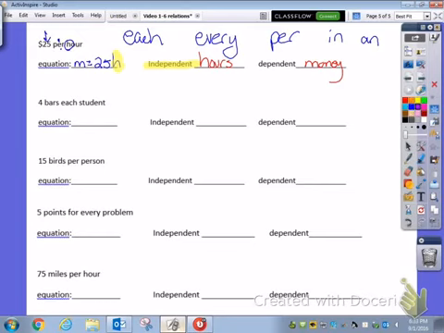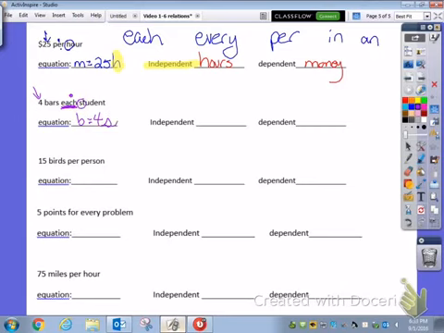So I have 4 bars each student. Okay, here's my magic word, each. So the equation, each student gets 4 bars. So the number of bars, how many bars do I need to go get? Well, it depends on how many students are in the room. So 4 bars for each. So 4 each is times, and I can use S for students.